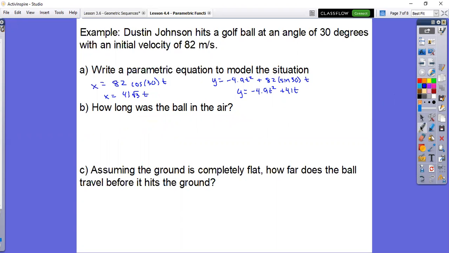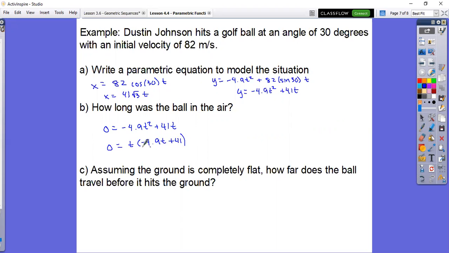Typically, we would define the ball as no longer being in the air when it hits the ground again. The initial height is 0, so I want to figure out when y is equal to 0 again. So 0 equals negative 4.9 t squared plus 41t. I could factor out a t, so this is t times negative 4.9 t plus 41.